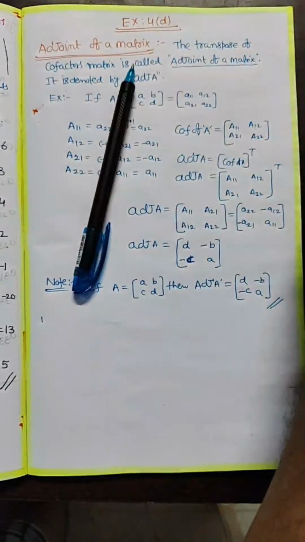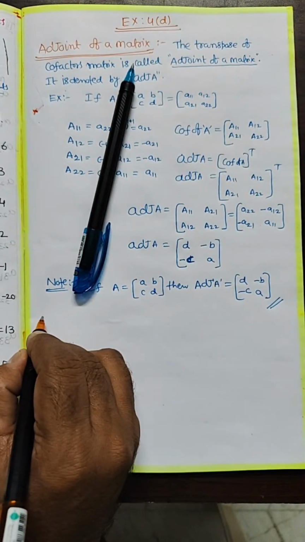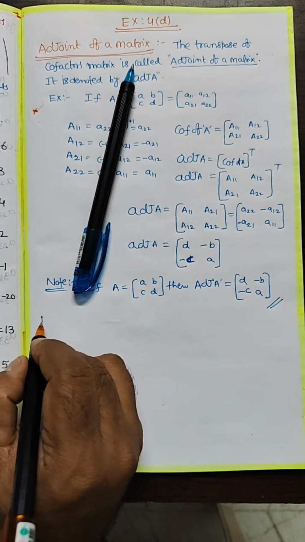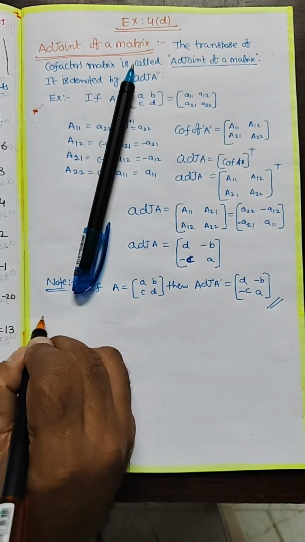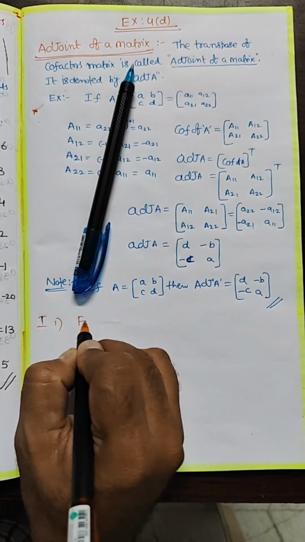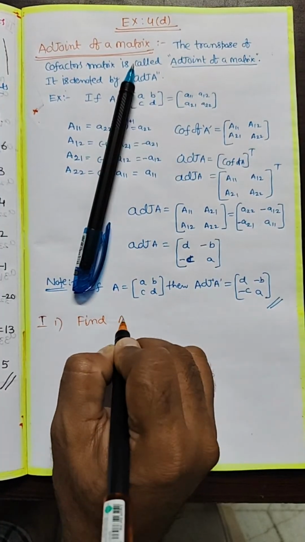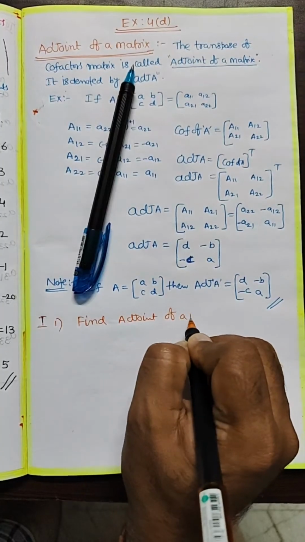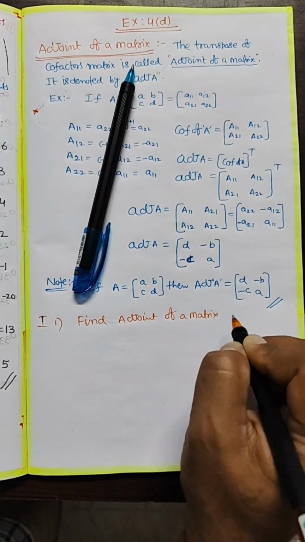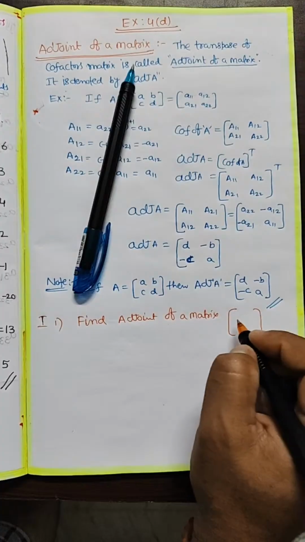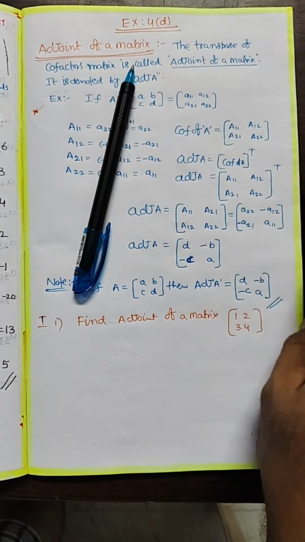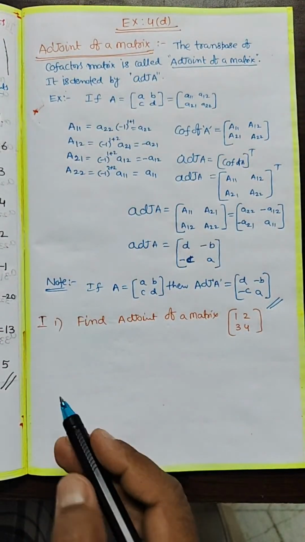For example, the question we will start. Exercise 4D, question number 1. Find adjoint of a matrix 1, 2, 3, 4. So we need to take the proper steps.